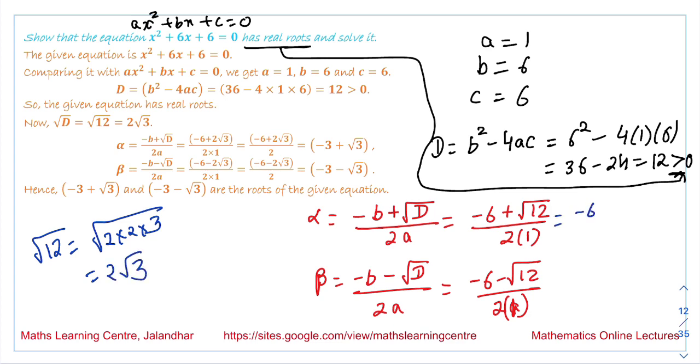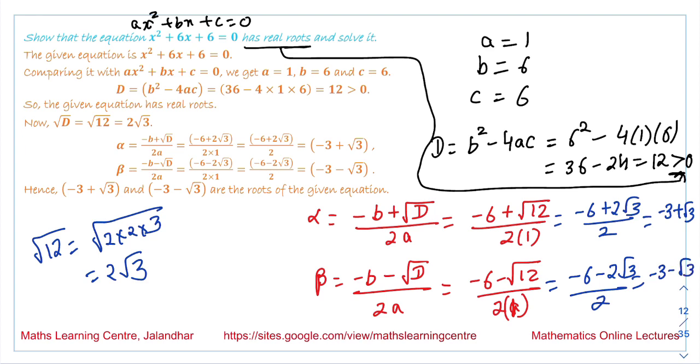So the answer we get is minus 6 plus 2 root 3 by 2, minus 6 minus 2 root 3 by 2. The value we have over here is minus 3 plus root 3. This is minus 3 minus root 3. So we are saying that minus 3 plus root 3 and minus 3 minus root 3 are the roots of the given equation.